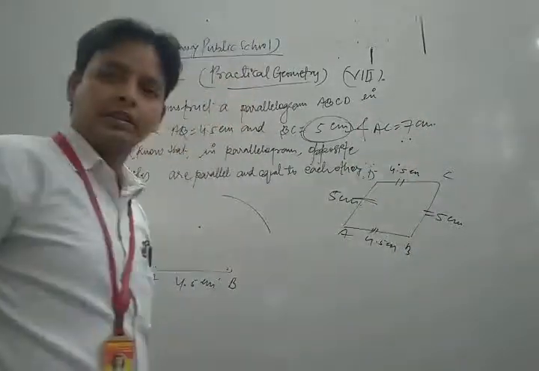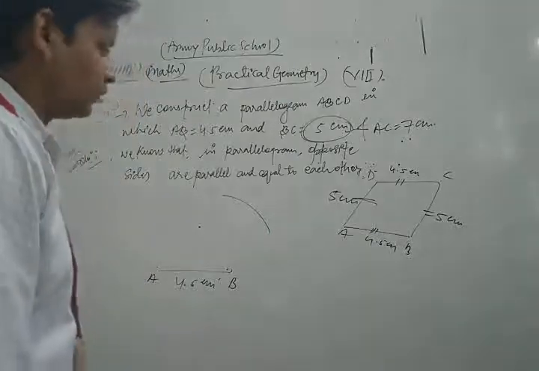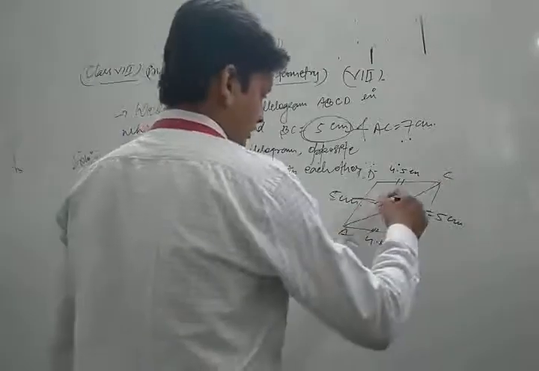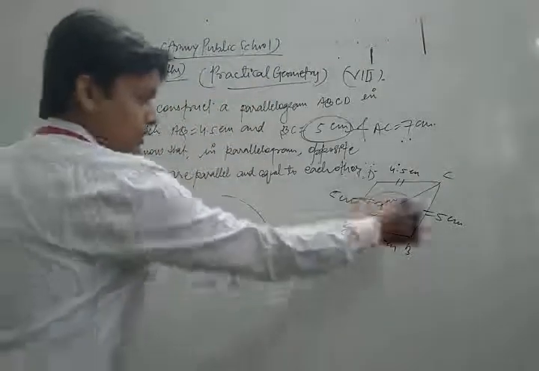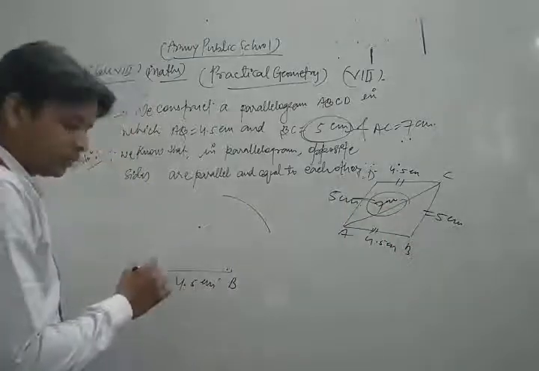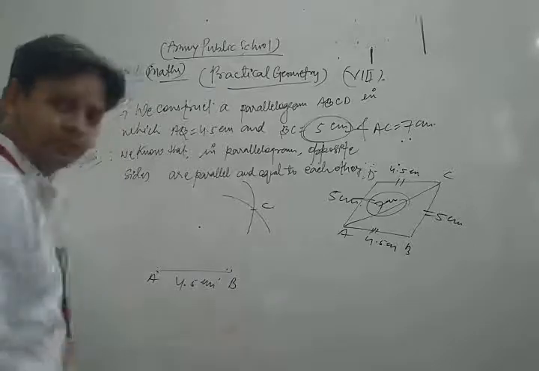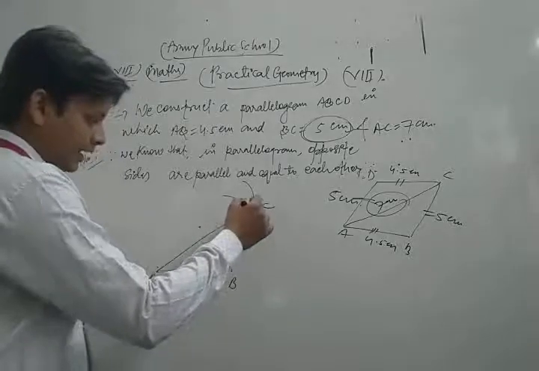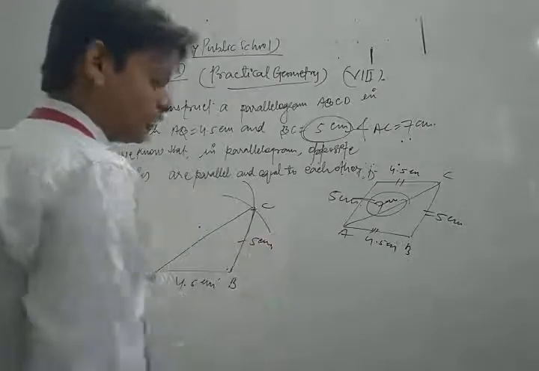Now taking A as center and distance equal to 7 centimeter, cut an arc which cuts the previous arc at point, suppose that C, and we just join AC and BC, where BC is equal to 5 centimeter, dear students.